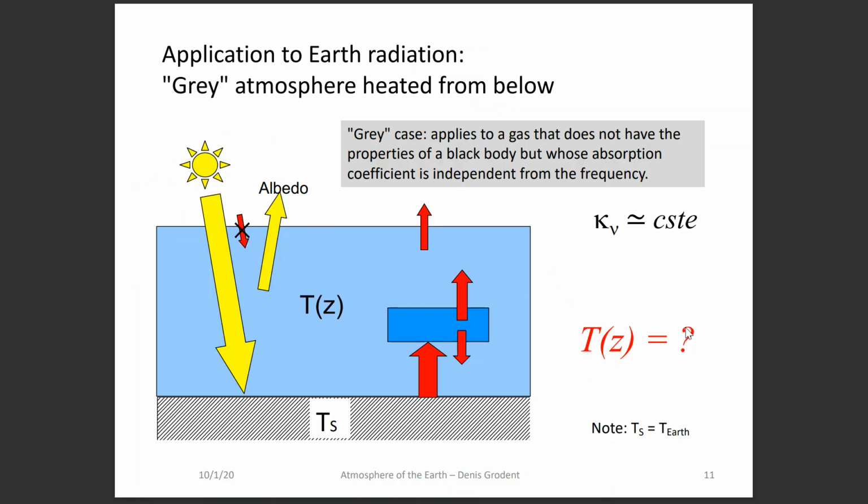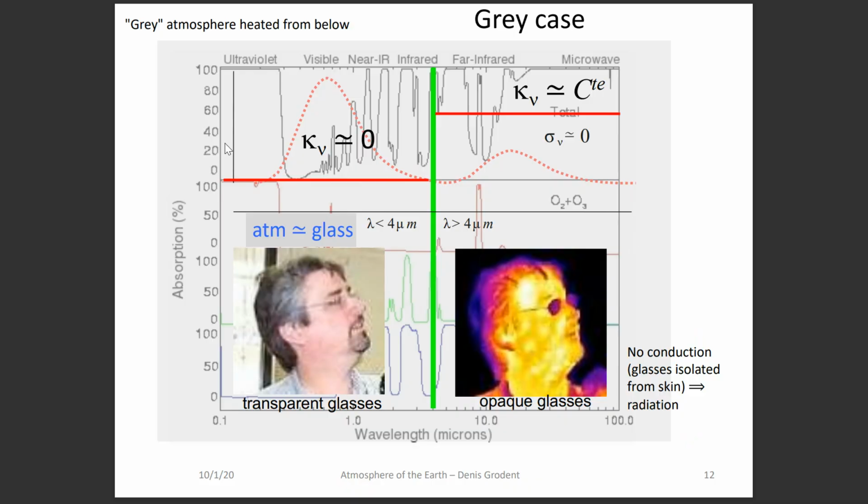Application to the Earth's radiation: we assume a gray atmosphere, which applies to a gas that does not have the properties of a black body, but whose absorption coefficient is independent of the frequency. We assume that the absorption coefficient is constant on a range. In the first part of the range, the absorption coefficient is approximately equal to zero in the visible, while we assume absorption bands in the infrared, with the coefficient greater than zero.